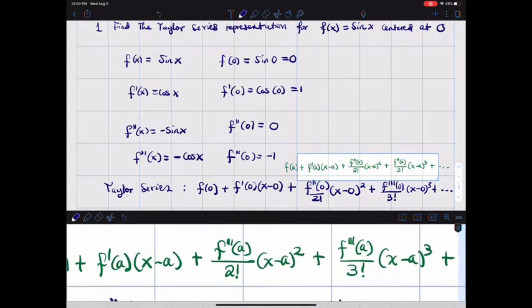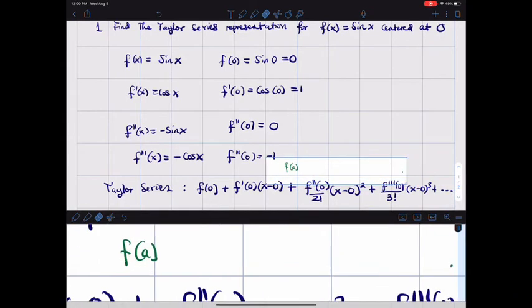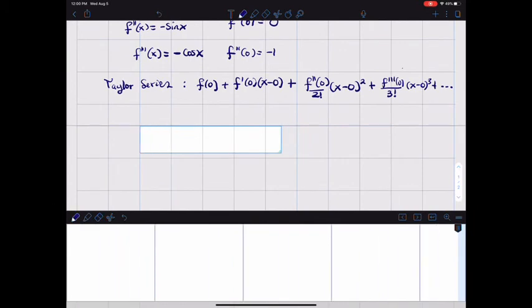So that's what we're dealing with. So we now have f of 0 is 0.